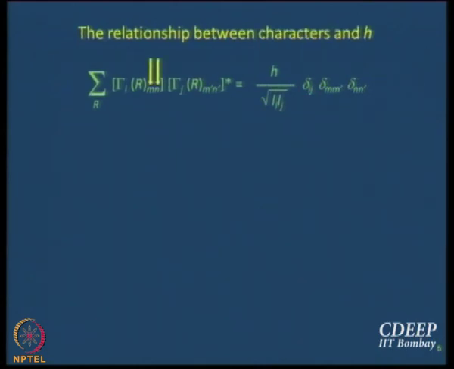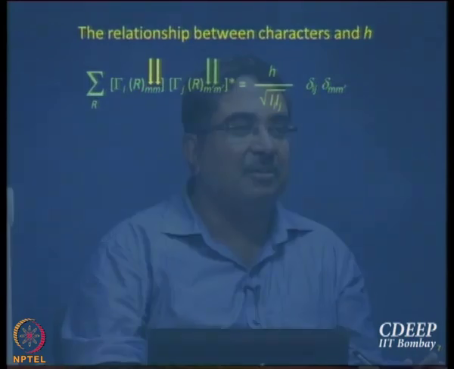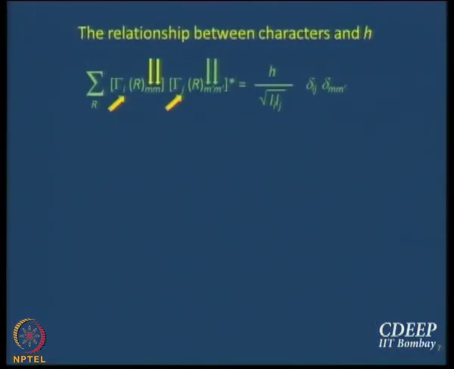You start from here. If you want to work with characters, then will you agree with me that m has to be equal to n? Similarly, m dash has to be equal to n dash. What is the advantage of that? I don't have to worry about n's anymore, I don't have to worry about that Kronecker delta at all. So I have lost one Kronecker delta. Next, let's look at i and j.